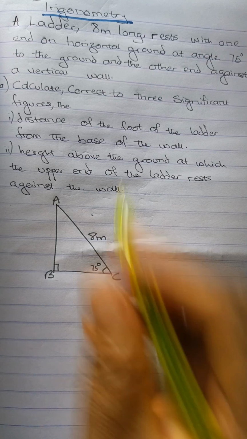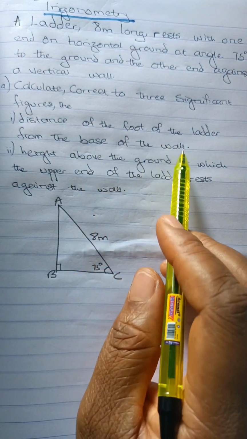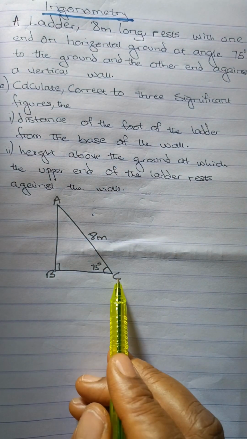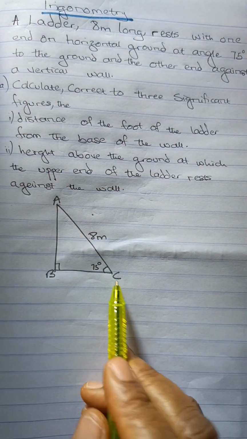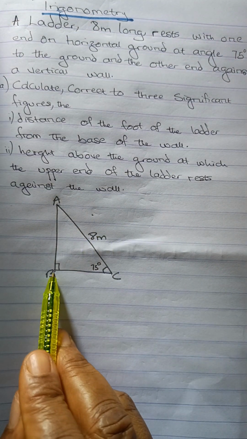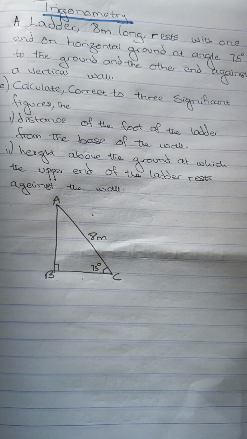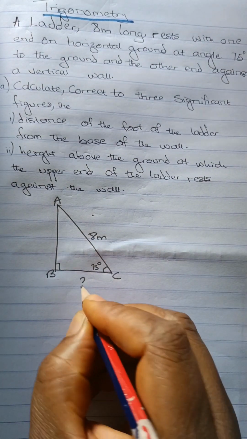So let's solve. We should calculate to three significant figures the distance of the foot of the ladder from the base of the wall. Where is the foot of the ladder here? This is the ladder, the foot of the ladder, and this is the base of the wall. So we're solving for this distance.